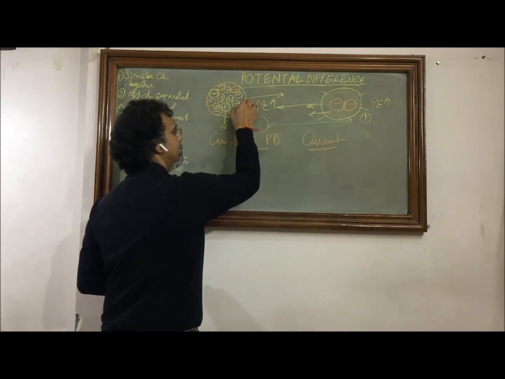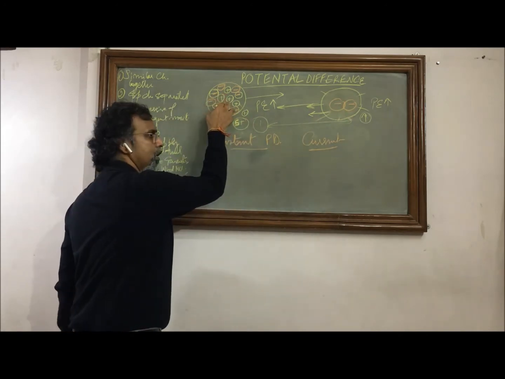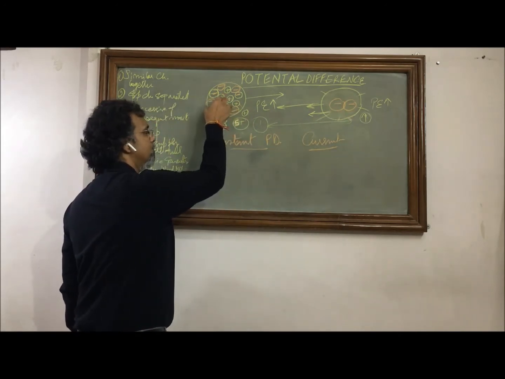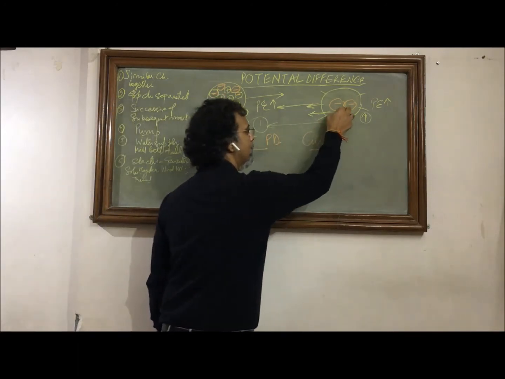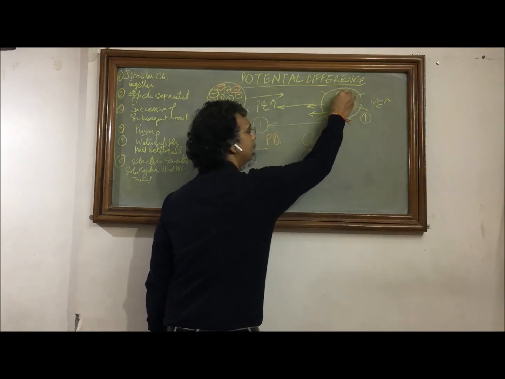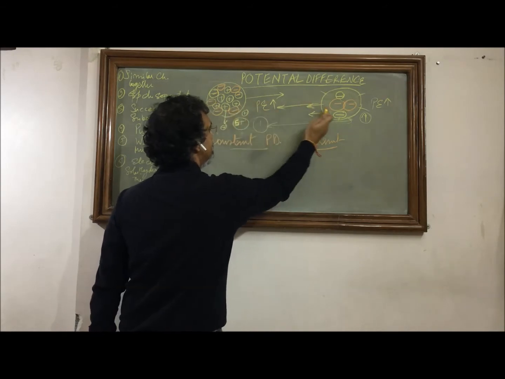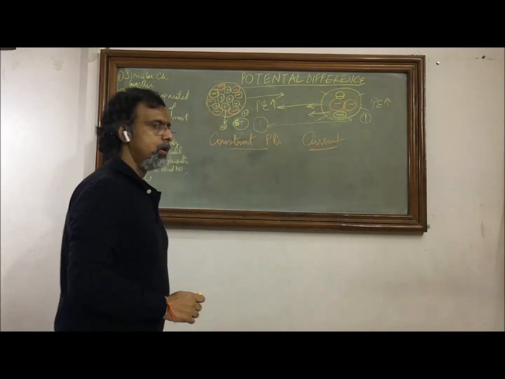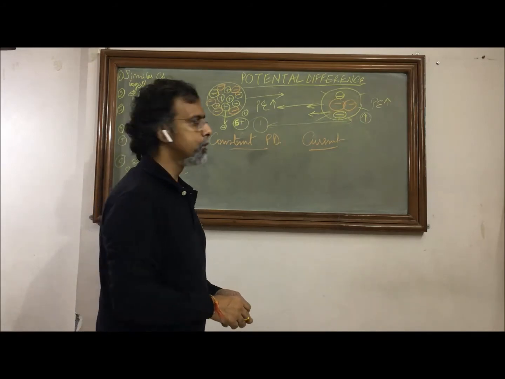This was the natural tendency. This is not the natural tendency, but there will be some external work done which would again put this negative electron or negative charge from this point to this point. This way we will have an availability of charges here back, and we will have maintained potential difference between the 2 points between which we want flow of current.